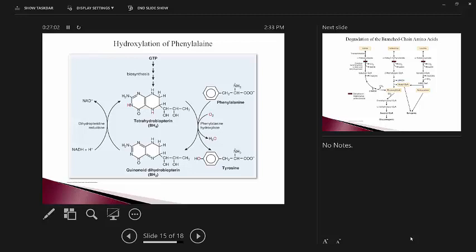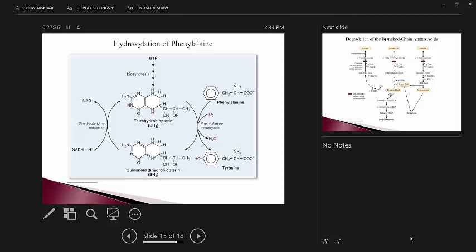It's going to combine with a molecule of O2, which is oxygen, and in the presence of phenylalanine hydroxylase, one of the atoms of the oxygen is going to go into water, and one of the atoms of the oxygen is going to go into phenylalanine and give me the hydroxyl group, which gives me tyrosine. So this is the synthetic pathway for tyrosine, okay? It's part of the breakdown pathway for phenylalanine, which we'll see in a minute, okay?